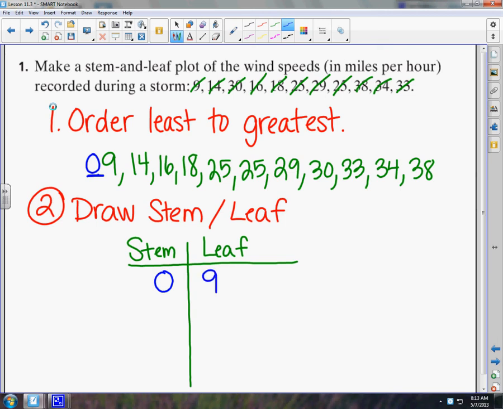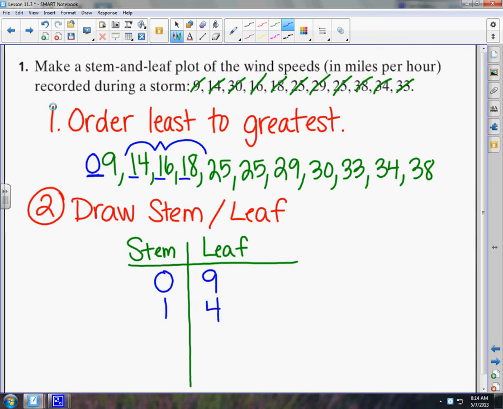So that's a 9. Now, if you notice, the next 3 numbers all have the same stem. They all start with a 1. So that is the stem, and you put a 1 down. And the leaf is just the ones digit, which is 4, 6, and 8.